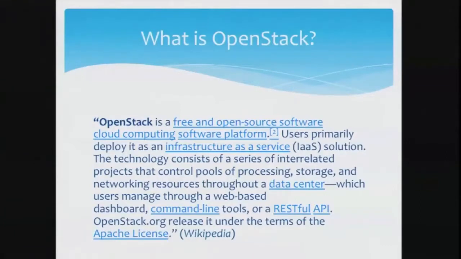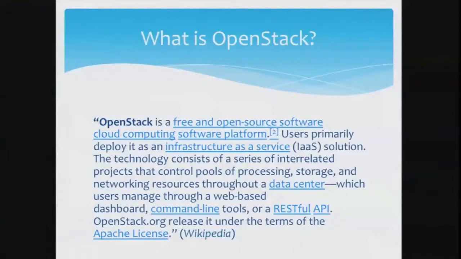PaaS, or platform as a service, would be something like a web service provider that gives you a LAMP (Linux, Apache, MySQL) stack, where you can develop a web application and you're not worried about the underlying physical hardware. And finally, what we're providing is IaaS, or infrastructure as a service.